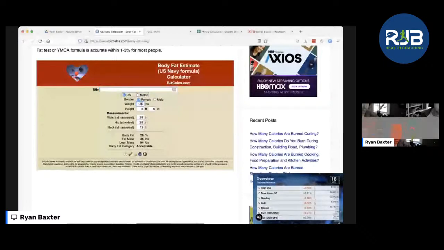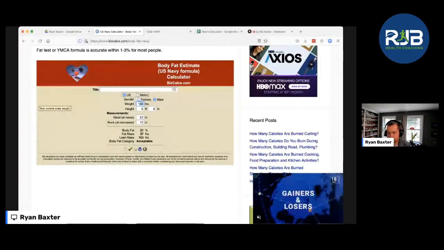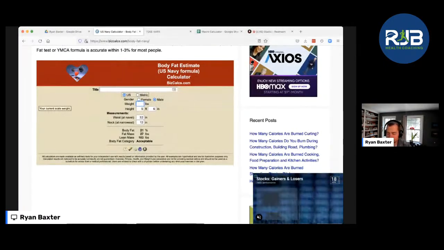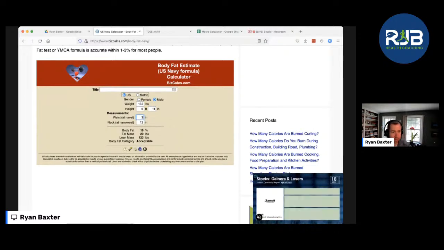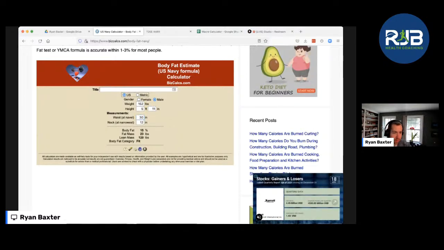Works pretty well. Again, I'm going to put in my details here. So I'm a male. You just need a tape measure here to do these calculations. So my weight is 152. I'm 5'11". My waist, I haven't done it recently, probably around 30 inches. My neck is maybe around 13 inches.